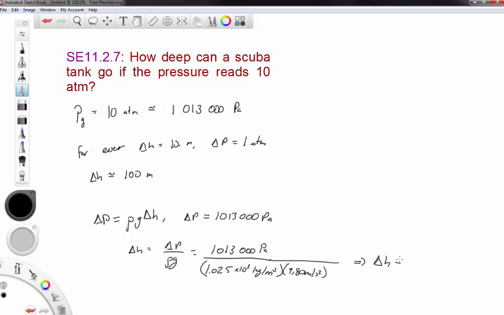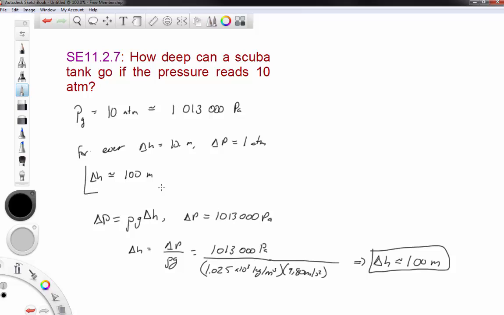So this gives us a total depth of actually 100.84. But of course we have to round off to 2 significant figures, so that would be 100 meters.